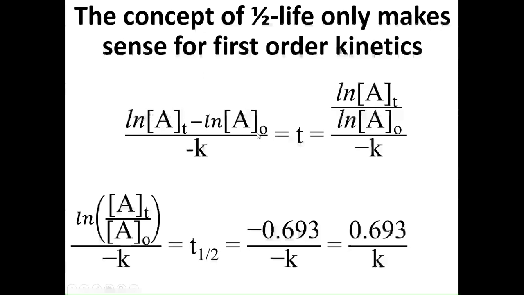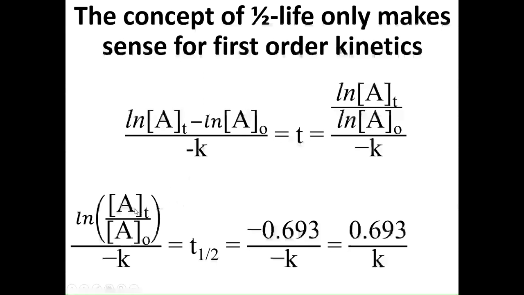Here we have the equation that I had on the previous page, the integrated rate law for 1st order kinetics solving for time: natural log of the concentration of A at a particular time minus natural log of the concentration of A original, divided by negative k. Well, according to the rules of logarithms, the difference between two logarithms is equal to the log of their ratio. And so I've done that substitution here, and then I've done a little math rearrangement.